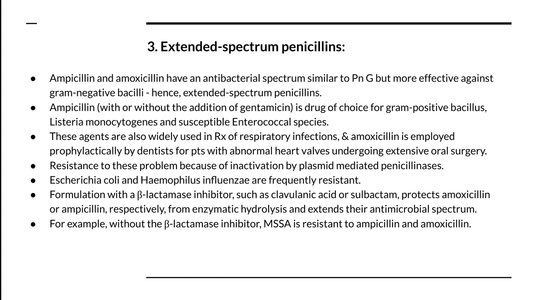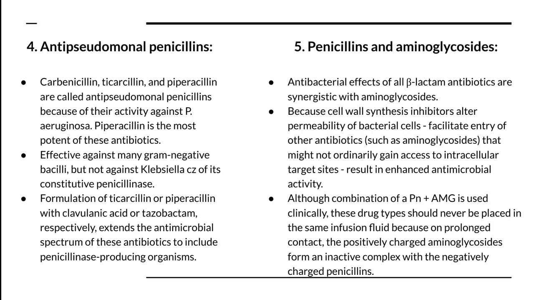Now, if we talk about the anti-pseudomonal penicillins, these are even more dangerous. There are names like carbenicillin and ticarcillin, and also piperacillin. They are called anti-pseudomonal penicillins because of their activity against P. aeruginosa. And piperacillin is the most potent of these antibiotics. They are effective against many gram-negative bacilli except Klebsiella.